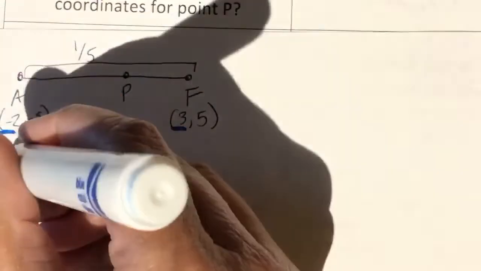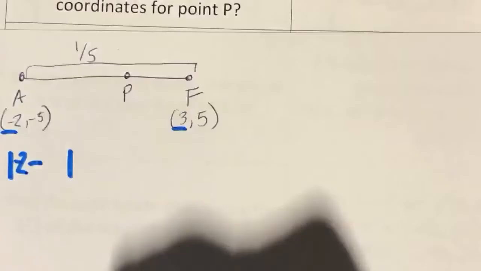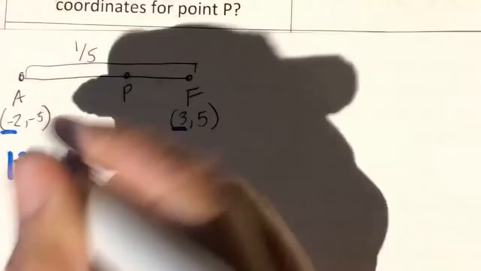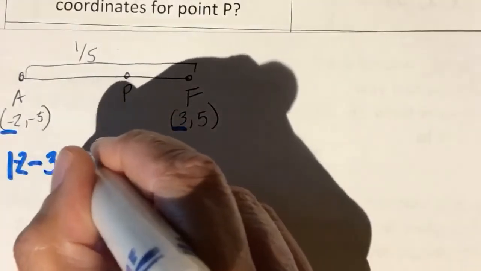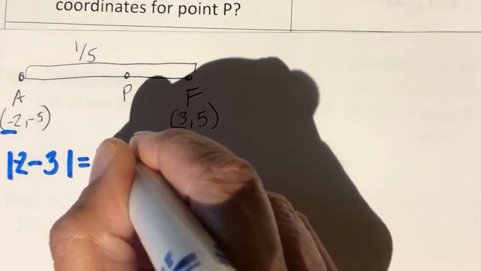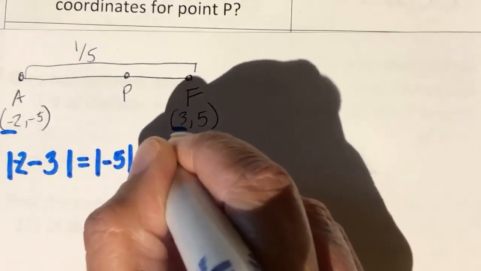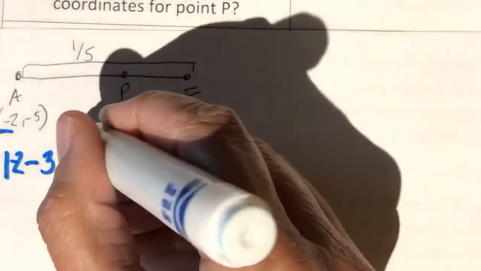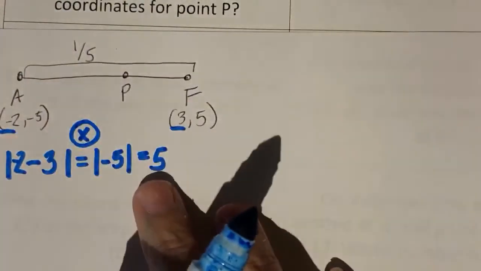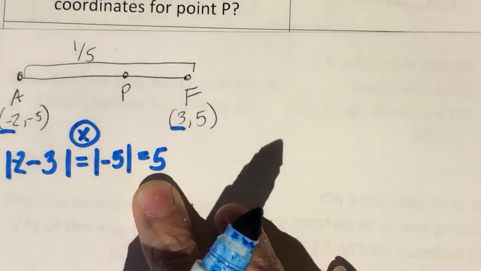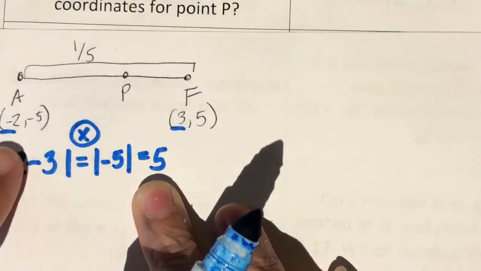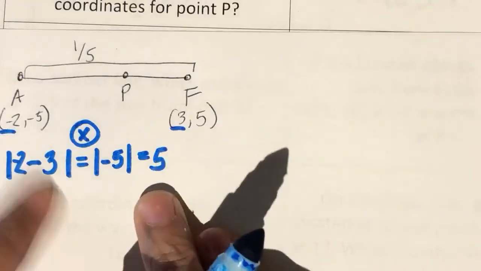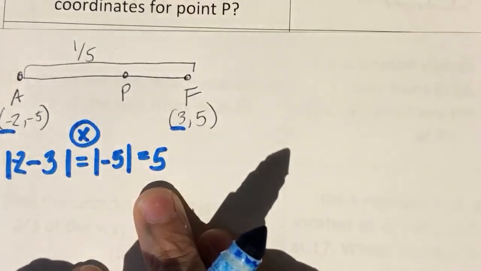So this one is at -2, and this one is at 3. That gives you -5, which means the x values are 5 points apart. If I go from -2 to 3, that's a distance of 5.